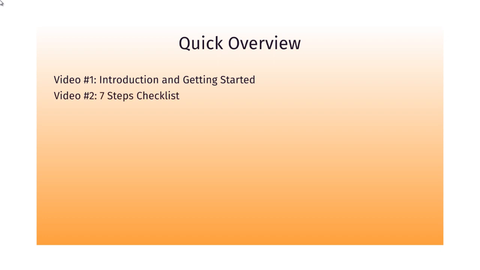Now what I want to do is talk about the video course itself and give you a quick overview. Of course, this is video number 1. Video number 2 is the 7 steps checklist. And for videos 3, 4, 5, 6, 7, and 8, we're going to dive deeper into those 7 steps.